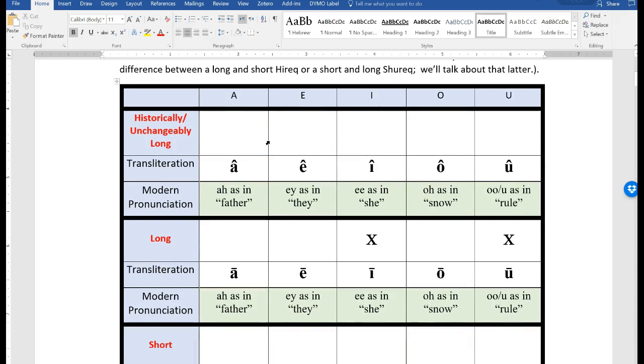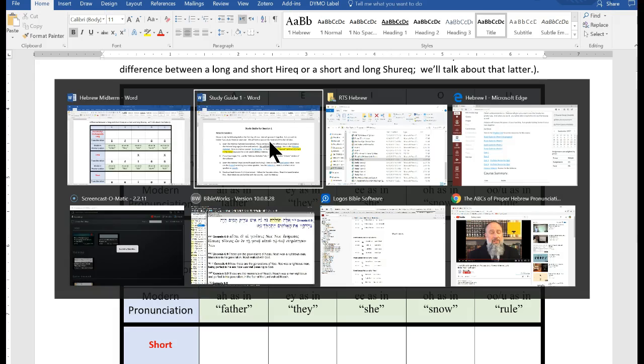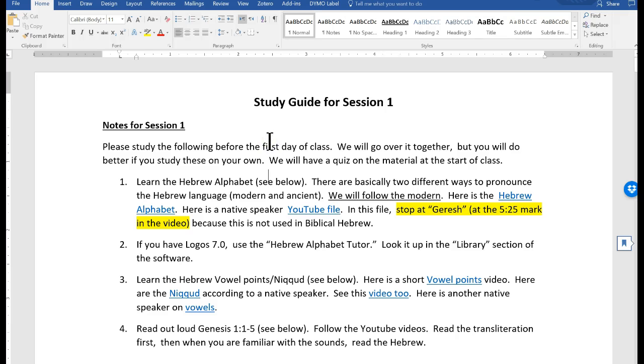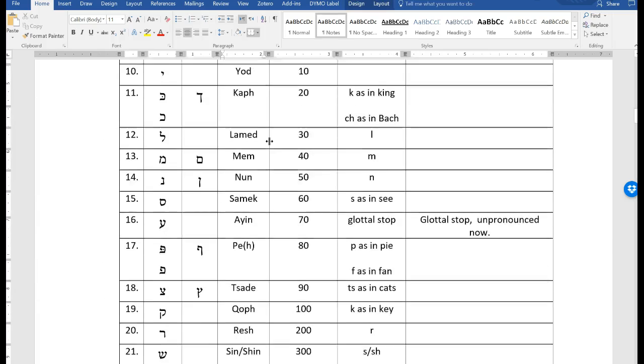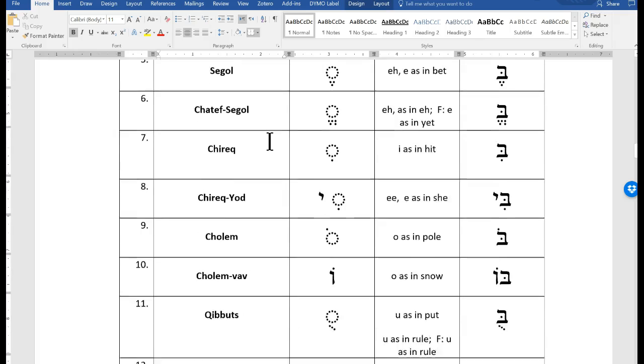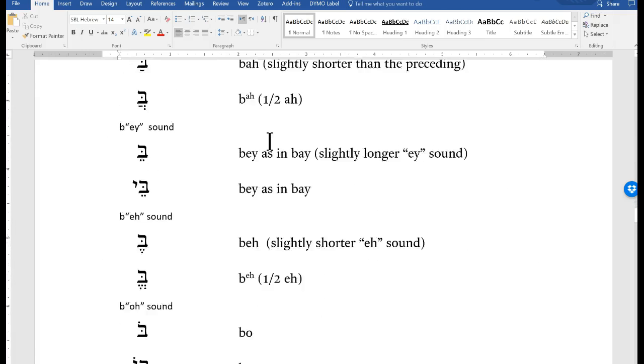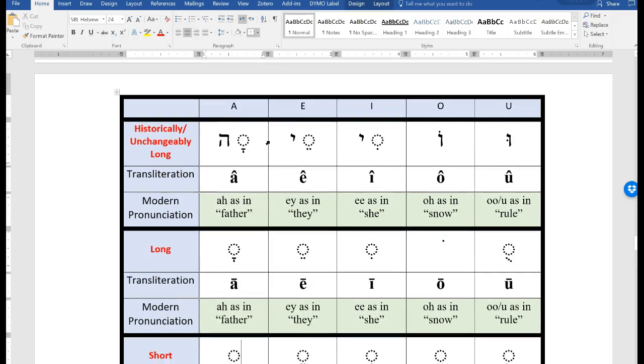This chart I've updated, and so if you go back to Study Guide 1 and re-download it, it will have the charts and the different things, but it will have this exact chart.